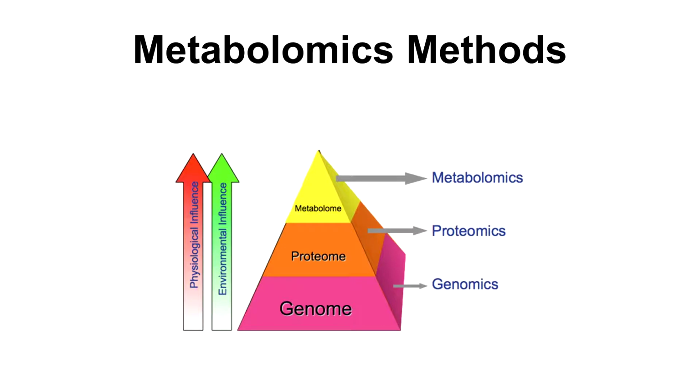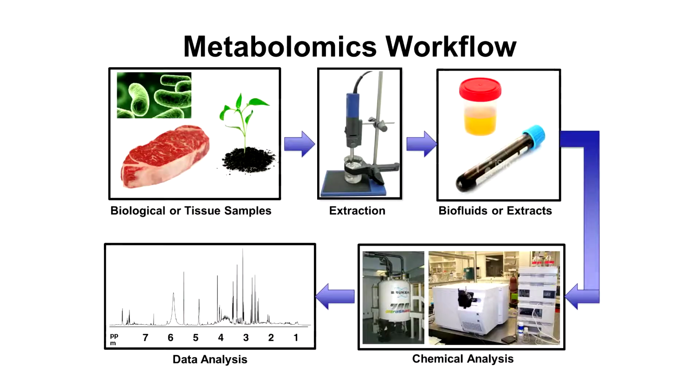Now we're going to dive into the methods associated with metabolomics, because it's not a one-size-fits-all. This is a typical workflow for metabolomics, where it involves taking samples. It could be plant, animal, microbial. If they're solid, we'll extract them.